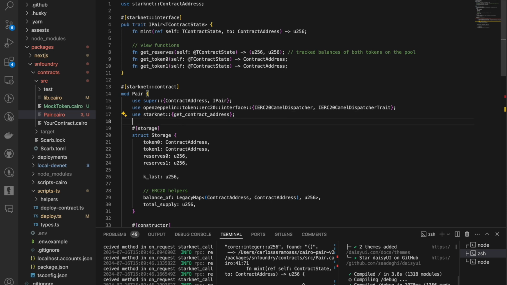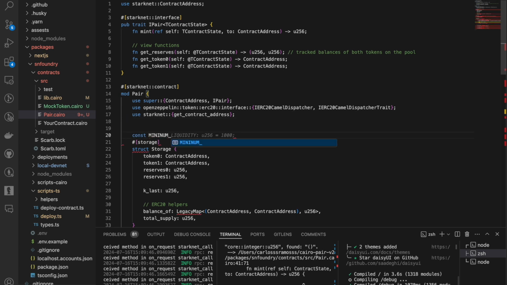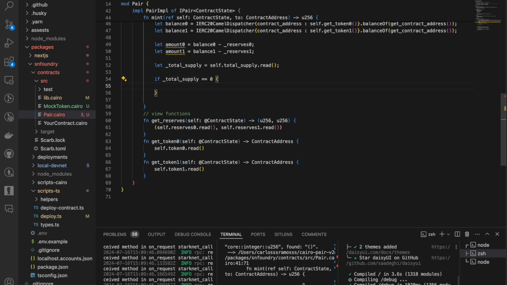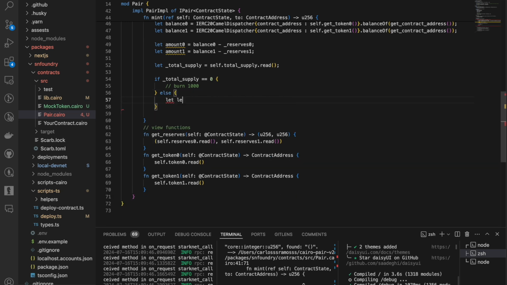So it's right here, constant minimum liquidity. That's going to be 1000. Next thing we have to do is we need to say if the total supply is equal to 0, then we will be doing something, burn 1000, and if not, we do the other operations. The operations are easier, so let's take the left hand side first.